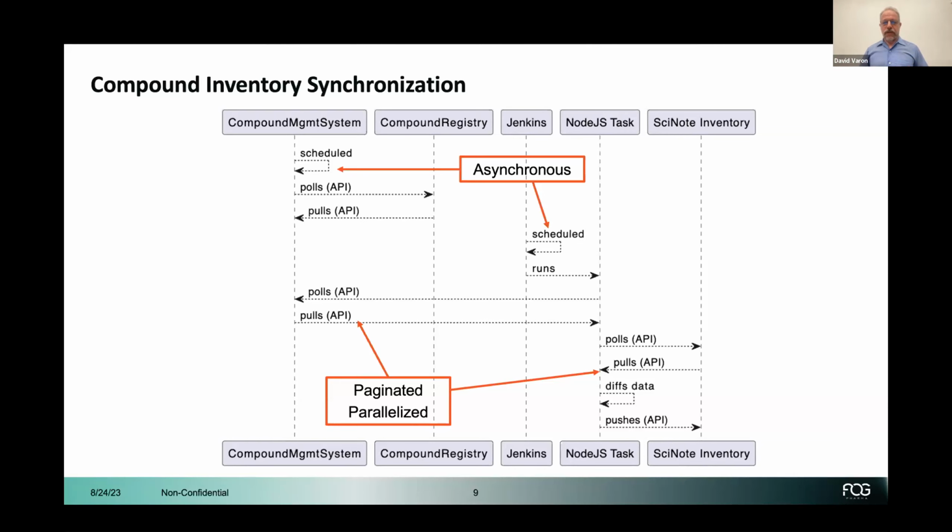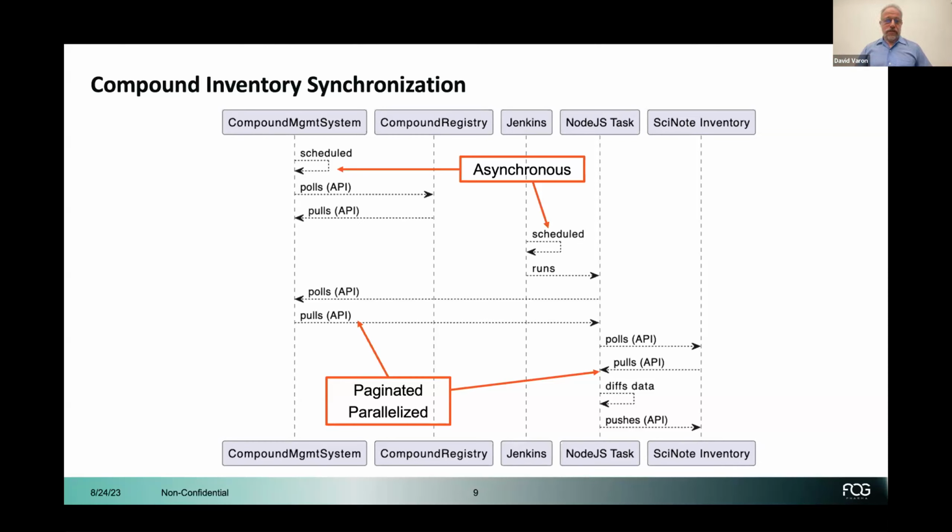You're not going to pull 100,000 records in a single request. Maybe you pull 10,000 at a time or less than that, and you just wait until all the API calls are done, and then you evaluate. Sometimes they're in sequence, sometimes they're not. And then we get the diffs and we push. It's a pretty common use case.